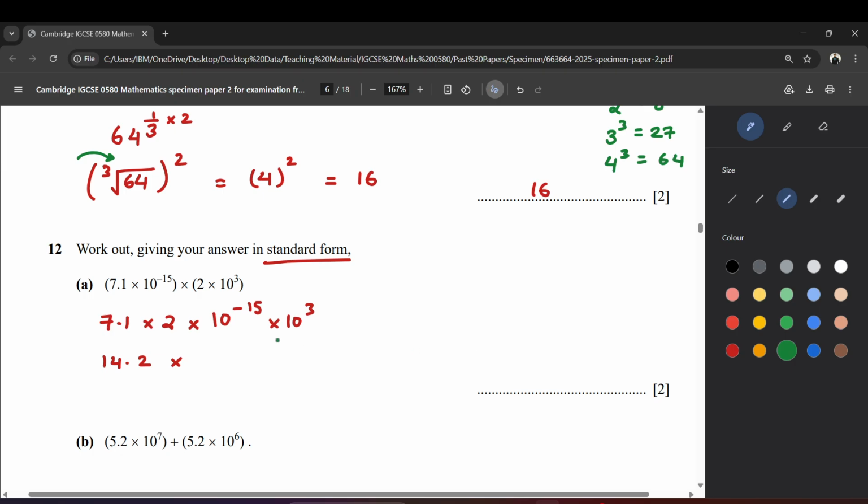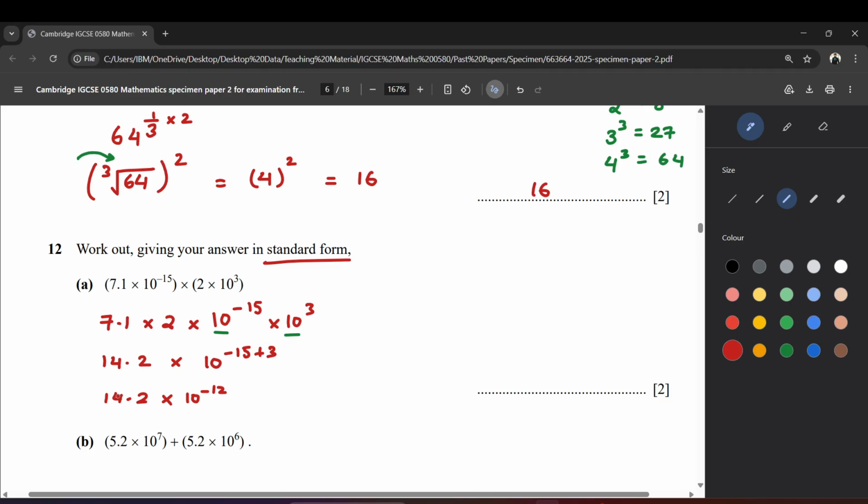You can see that the bases are the same and there's a multiplication sign. So therefore, we are going to add the powers. That will be minus 15 plus 3. 14.2 into 10 to the power minus 12.